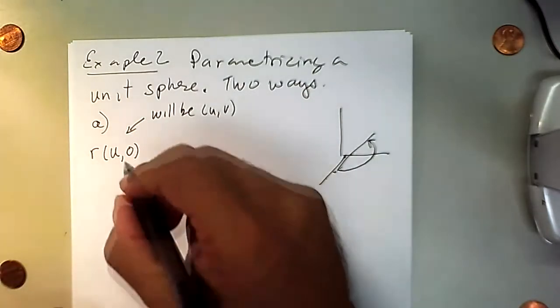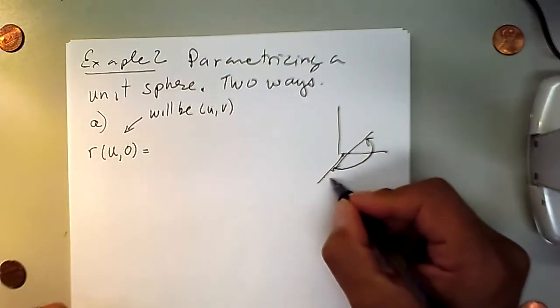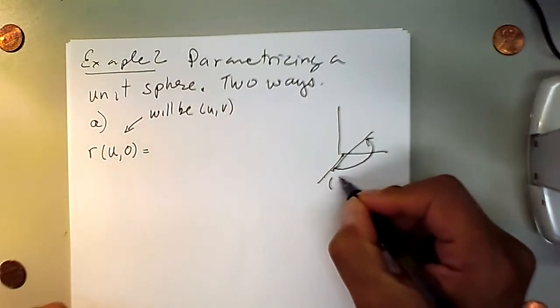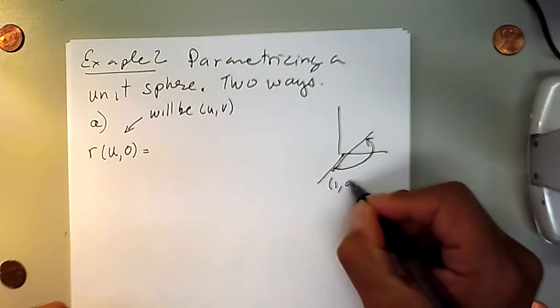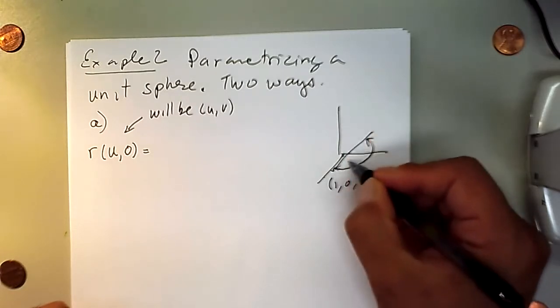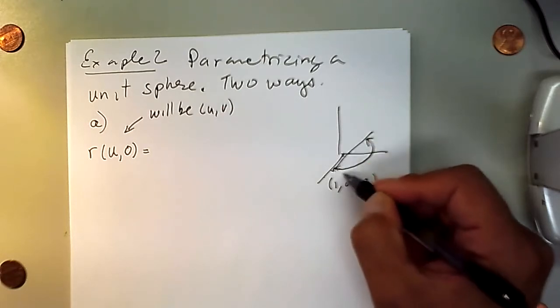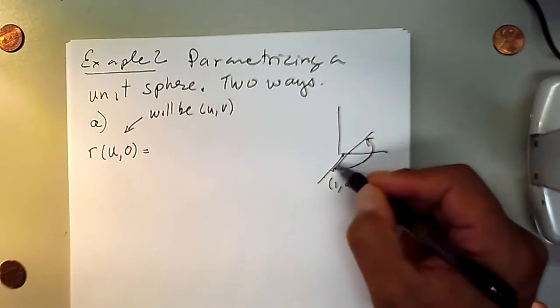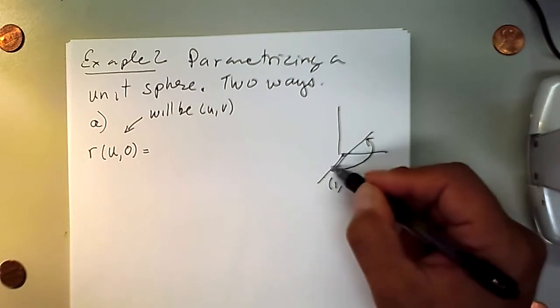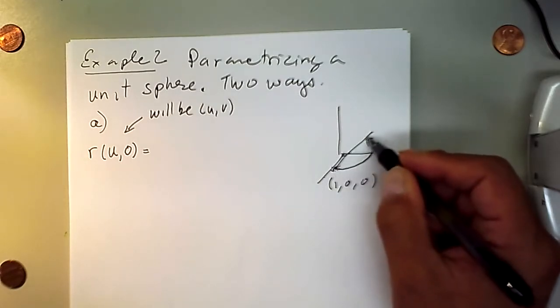Anyway, so pretend you start with the point 1, 0, 0, and we want to rotate around the z-axis. Remember, we did this. It's an easier point, because it already starts on one of the coordinate axes. So this is 1, 0, 0, rotate around the z-axis.